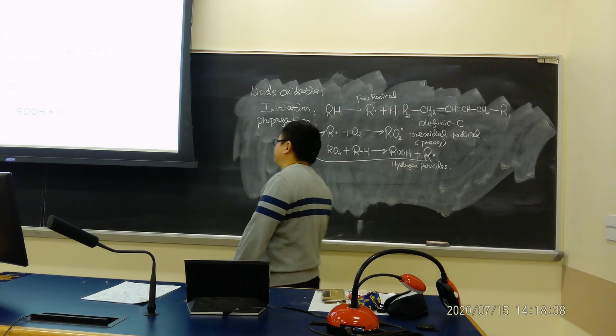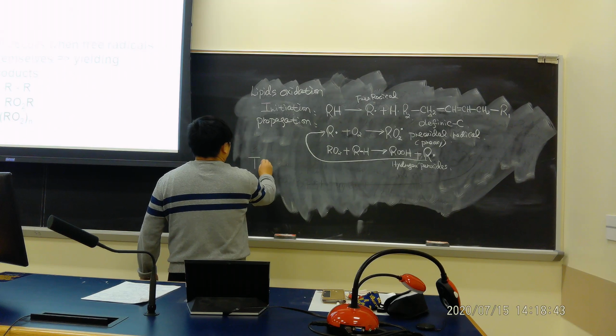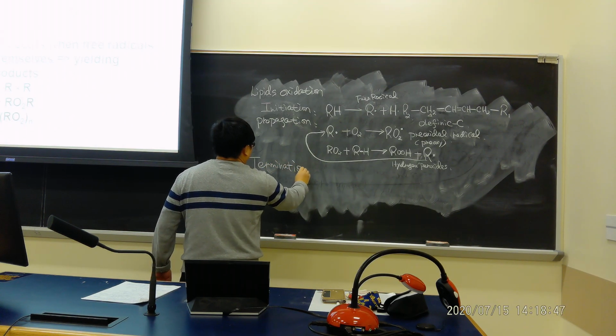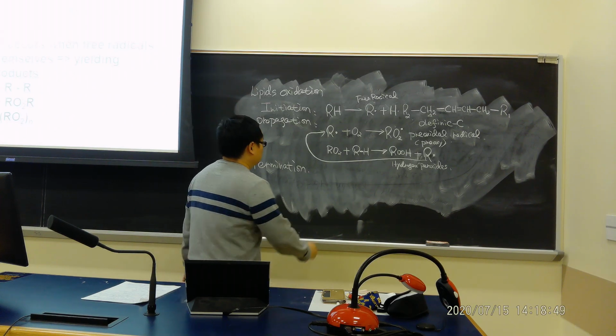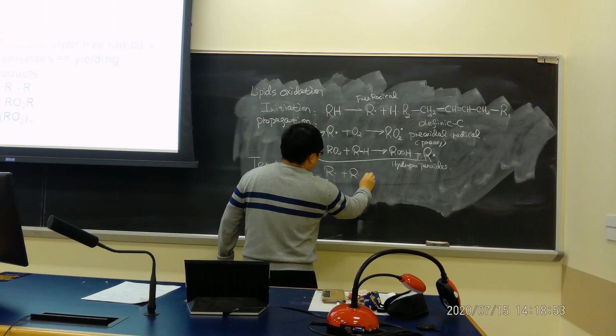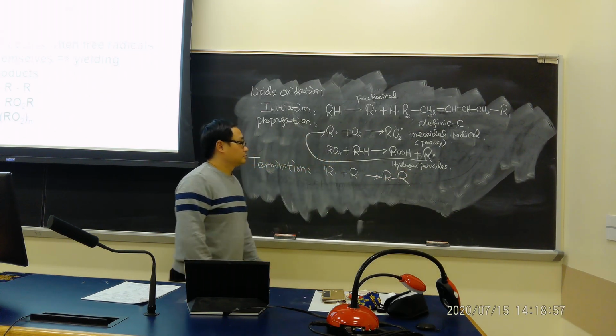And the last one is termination. What does termination mean? It means a free radical has been stopped, not free anymore. So it could happen that two free radicals become a free radical chain.